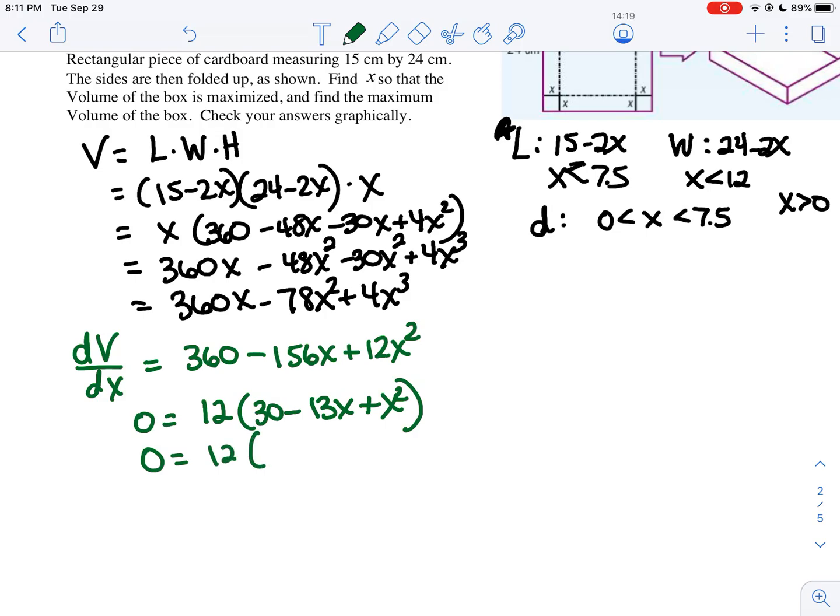And I think this will factor. 10 minus x, 3 minus x. So I'm getting x is 3 and x is 10. Now here's why you do a domain, because look, x can't be 10, otherwise that would make 15 minus 20. I'd have a length that's negative, and that doesn't make any sense. Okay, so x equals 3.